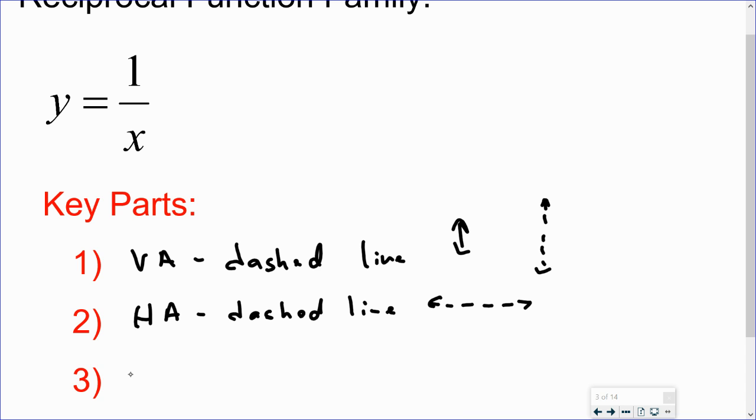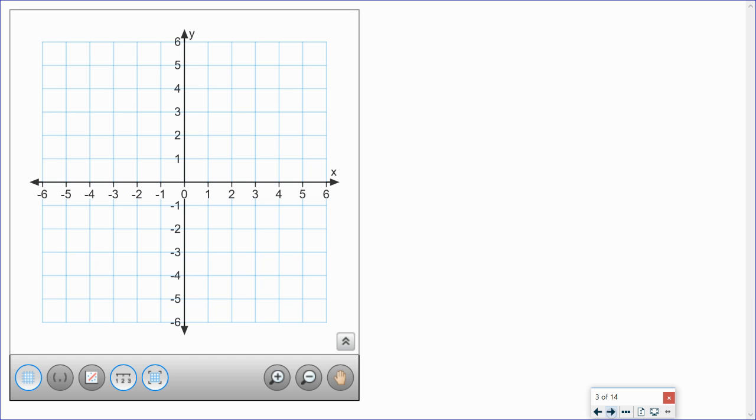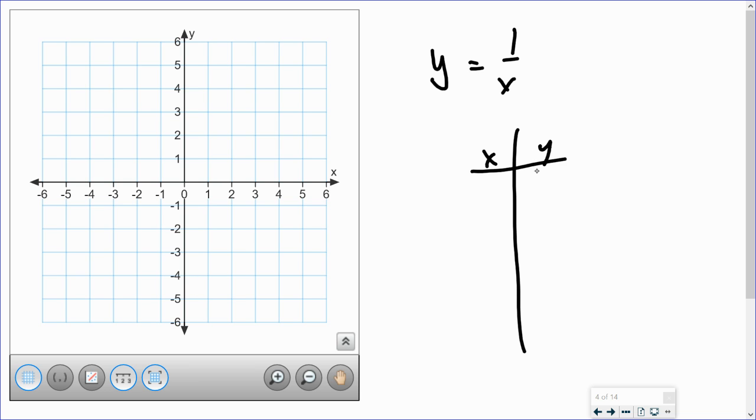And then we talk about reflection and stretch. All right. Now, once I get these two asymptotes, then it basically graphs the same as all the time. So if I take y is equal to 1 over x, and if I make my table x, y, and if I put a 1 there, this is 1.